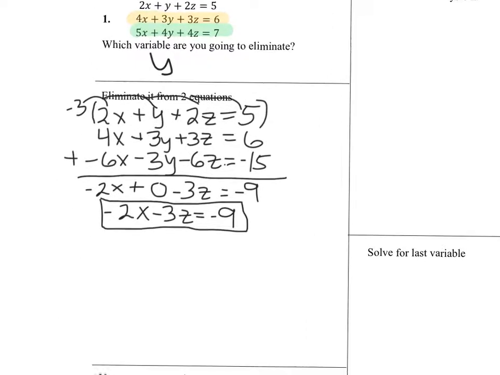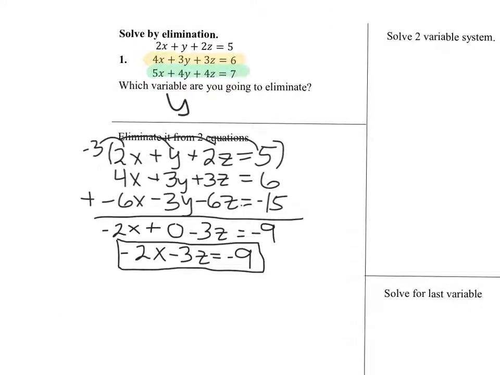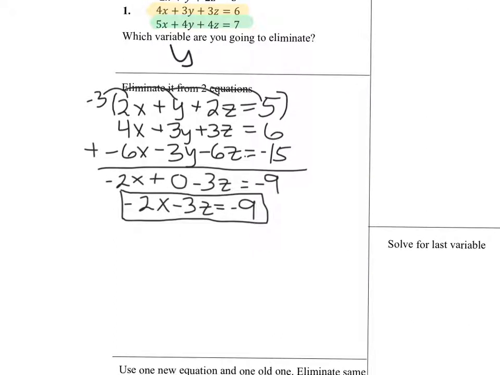So let's choose the first equation again. So we've got 2x plus y plus 2z equals 5. And now we're going to eliminate it from that bottom one.